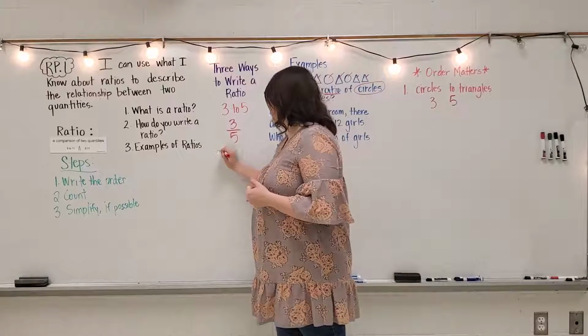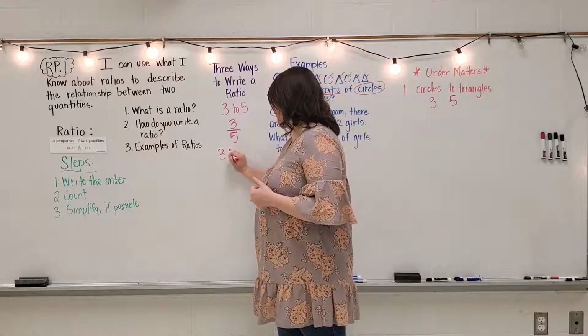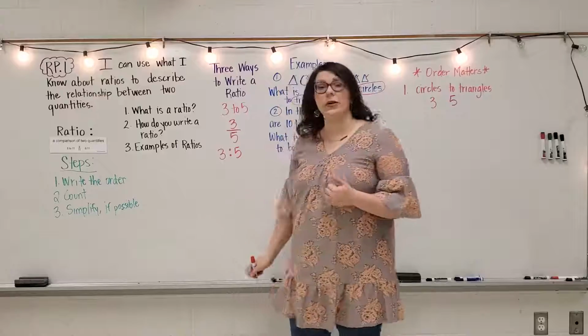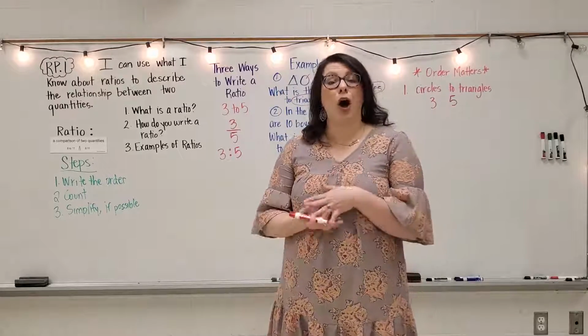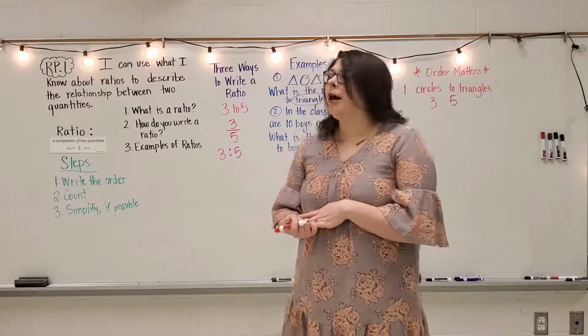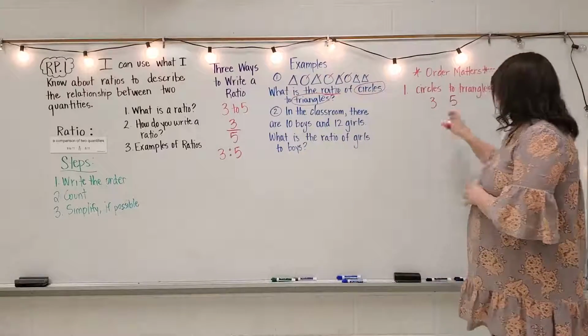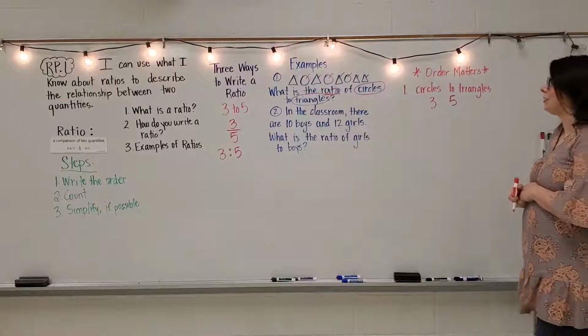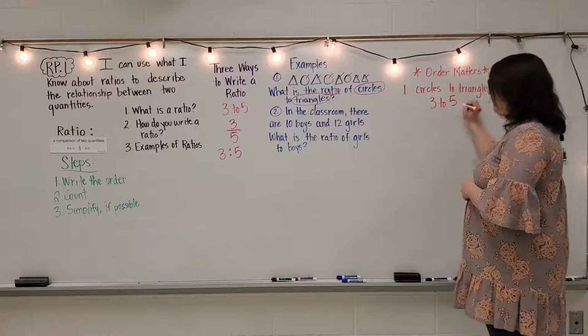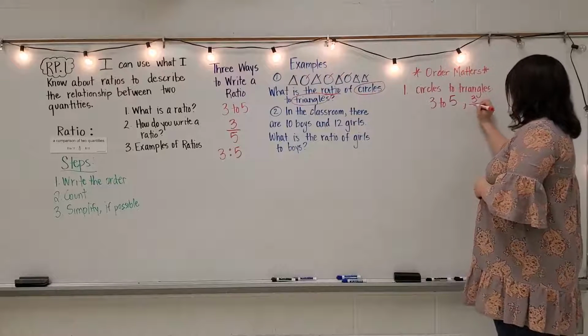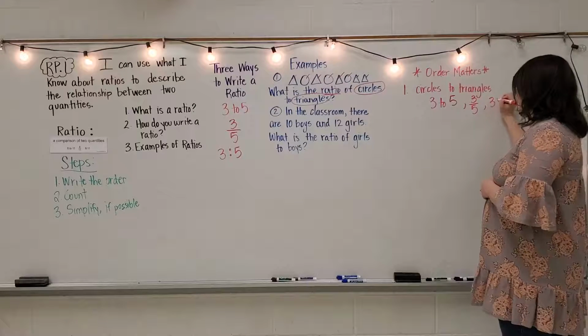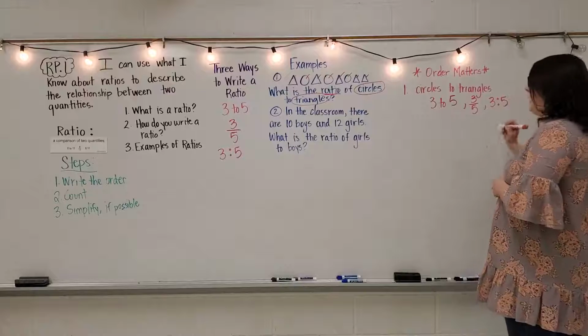Or you can write it using a colon. These are our 3 ways to write a ratio. They all mean the same thing. So when I am comparing my circles to triangles, I can write this in all 3 ways because they all mean the same thing.